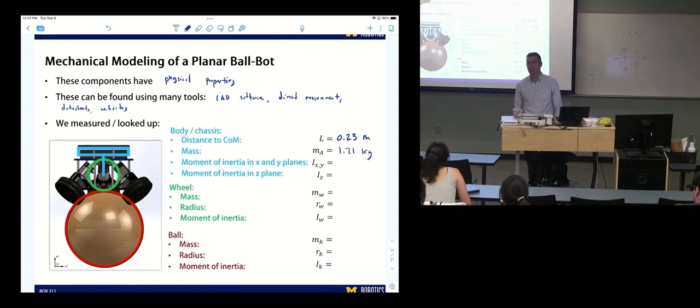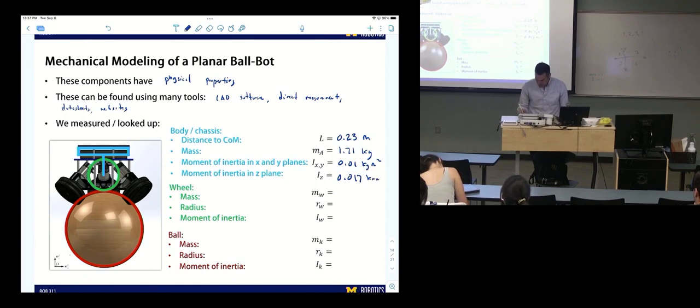Ours is 1.71 kilograms, so it's kind of heavy. Its inertia in the X and Y planes is identical. We'll just say it's 0.01 kilogram meter squared. Its inertia in the Z plane is maybe a little bit different, but that won't actually come into play. 0.017 kilogram meter squared.